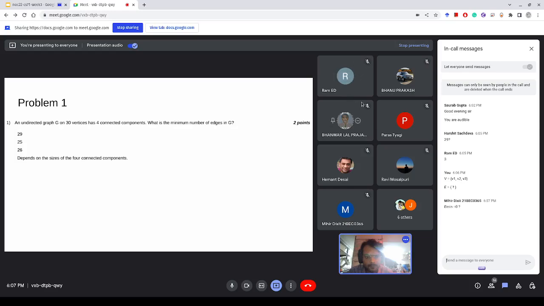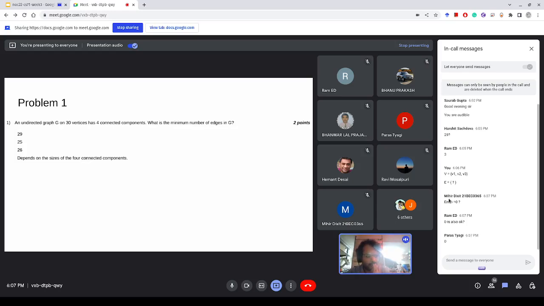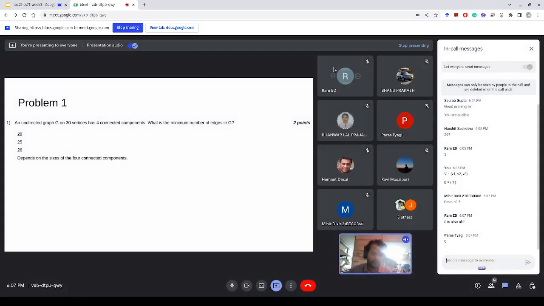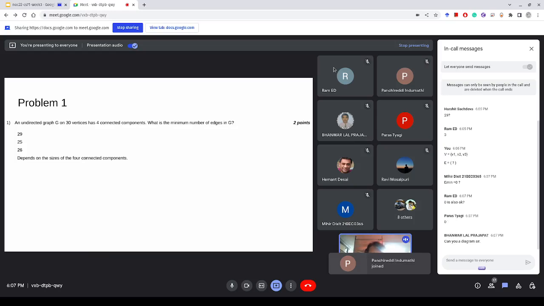Yeah. Okay. So 0 is correct. If you're not given any other constraints and you are given n vertices and you are asked what would be the minimum number of edges for a graph G with no constraint, then you do not actually have to have any edges. You can have just these three vertices on their own and none of them is connected to any other vertex. So in that case, your edge list would be a null list.